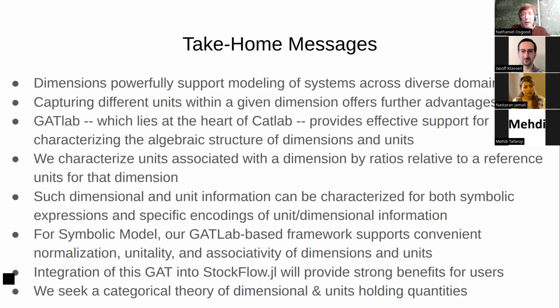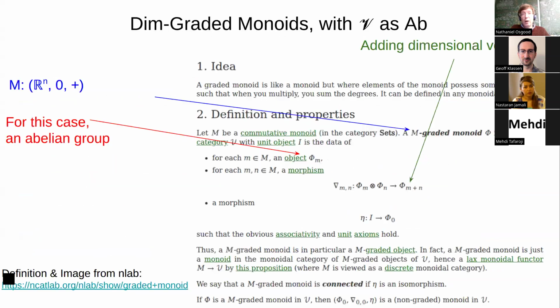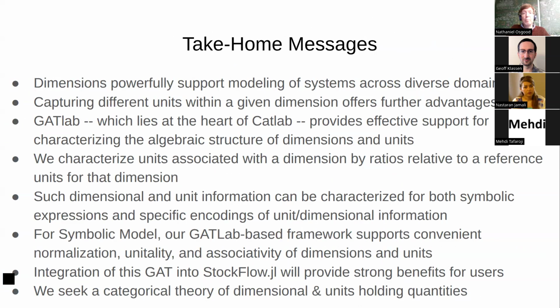And for numeric encoding, such as we've seen for integrating up a model. For symbolic models, Uche has shown how you can perform normalization, unitality, associativity. Evan provided guidance, but Uche took it off and ran with it and did an amazing job.